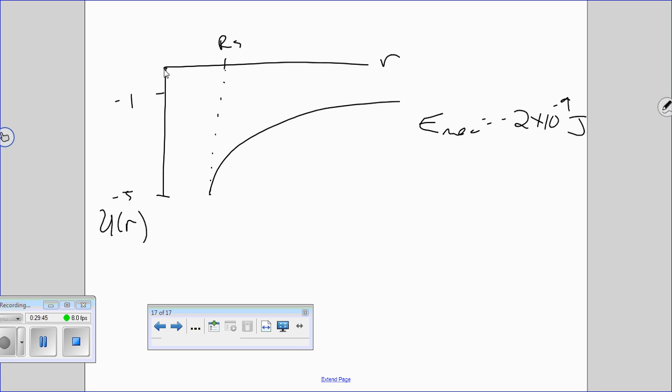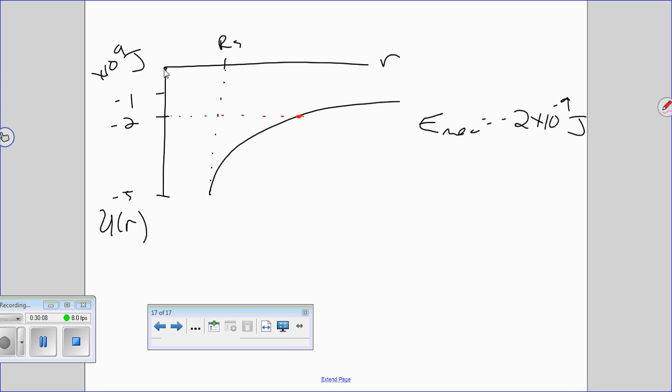This is all times 10 to the 9th joules. I'm going to add in a line that wasn't on the graph just to illustrate something. Here's the deal, you guys.